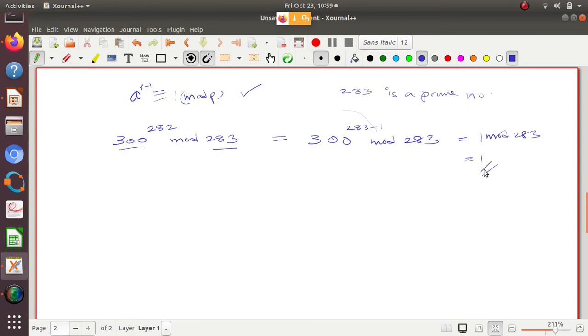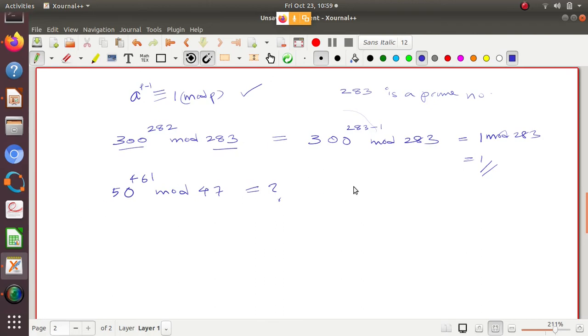Similarly, if you have another relation like this, 50 to the power 461 mod 47, in this case what will be the value?